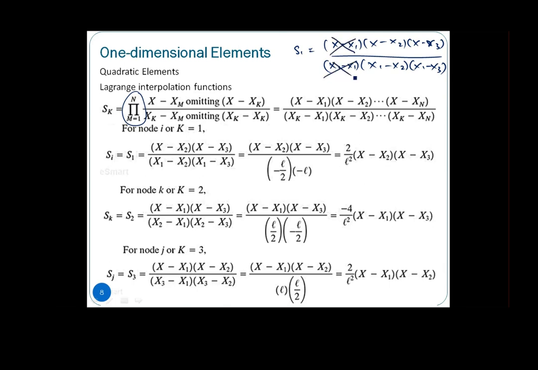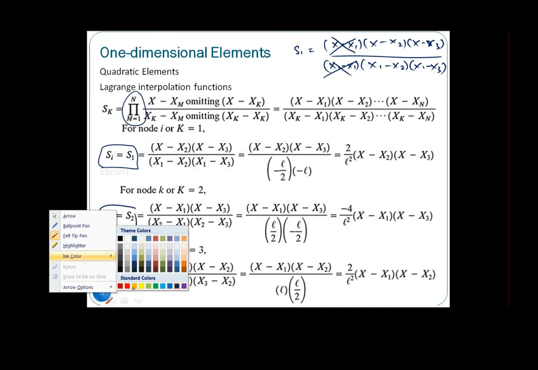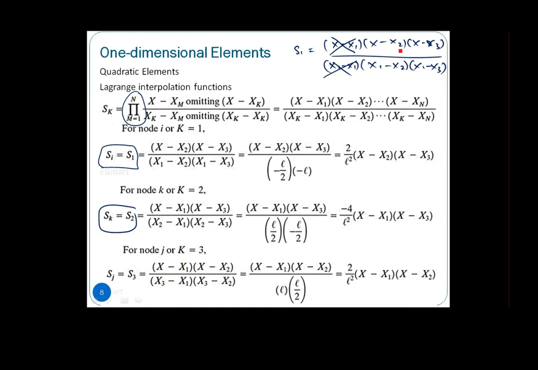The Lagrange interpolation functions say that we have to omit this term and this term for S1. So we end up with x minus x2 multiplied by x minus x3, divided by x1 minus x2 multiplied by x1 minus x3. For node 2, we exclude x minus x2.